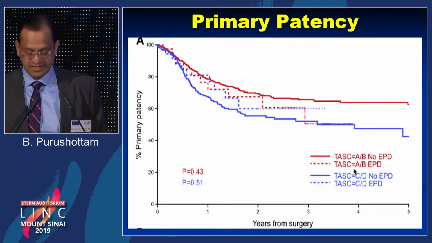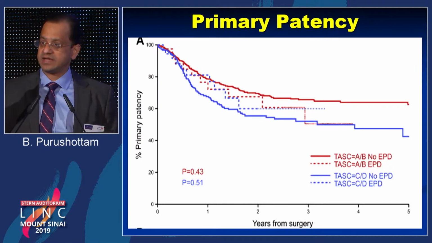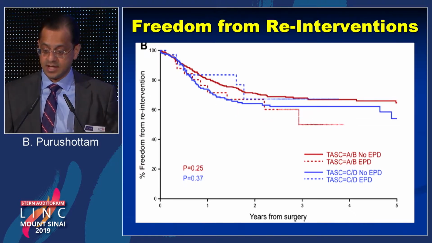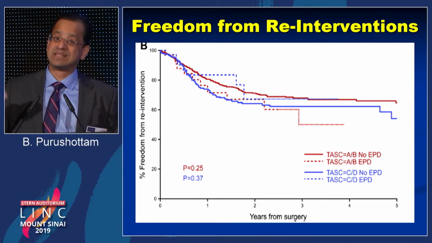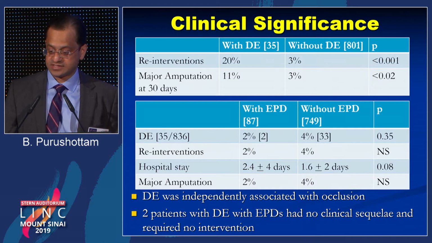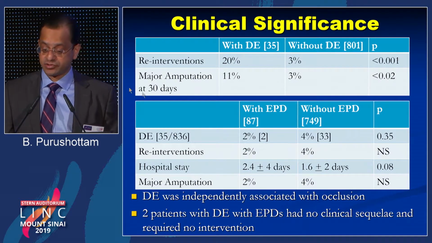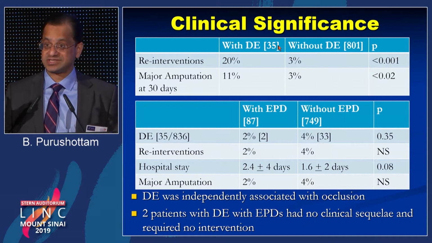Interestingly, they looked at TASC A and B and found no difference in primary patency, similar with TASC C and D. Again, no difference with regard to freedom from reinterventions. The previous study was about distal embolization; this one was about using embolic protection devices. They said that if you have distal embolization, your reinterventions and amputation rate do increase.